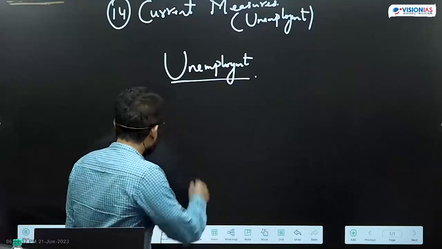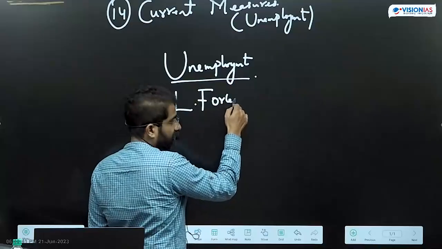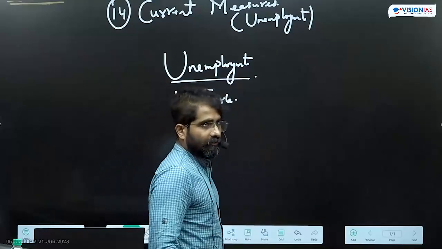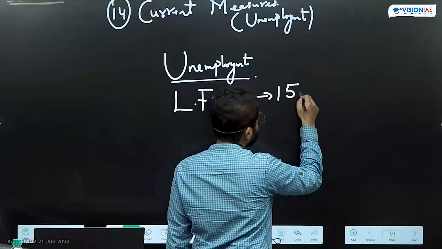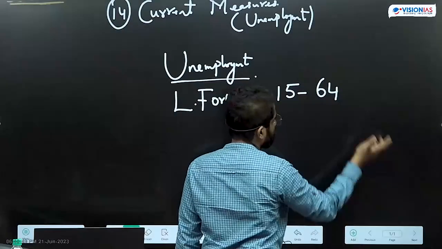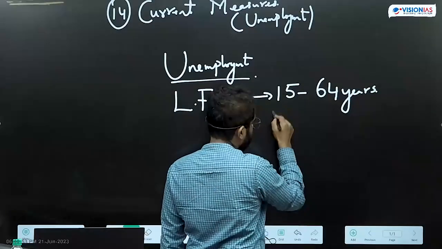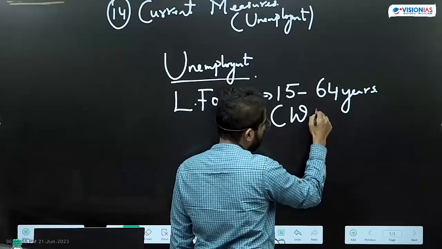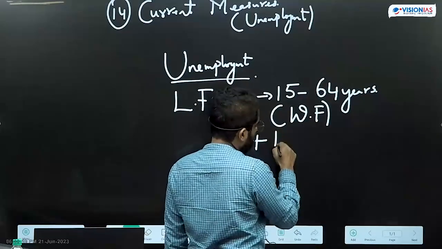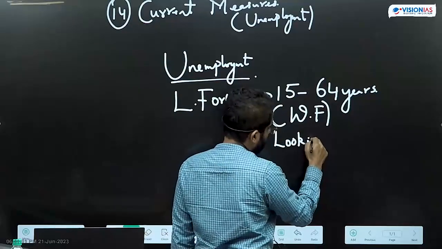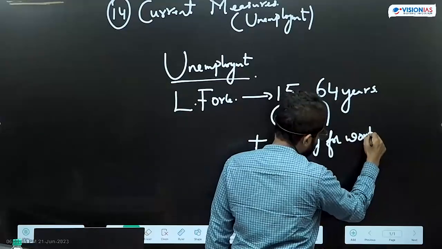Okay, then you know this word labor force from the basics class. When I use the word labor force, those who are between the ages of 15 to 59 or 64 years who are already working make up the workforce, plus those who are looking for work but have no work.